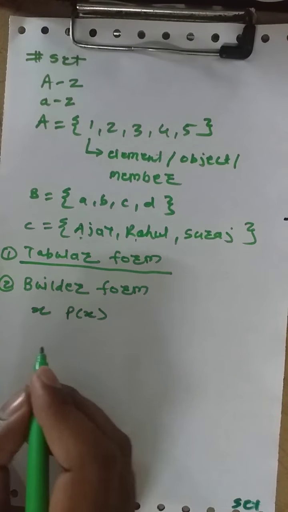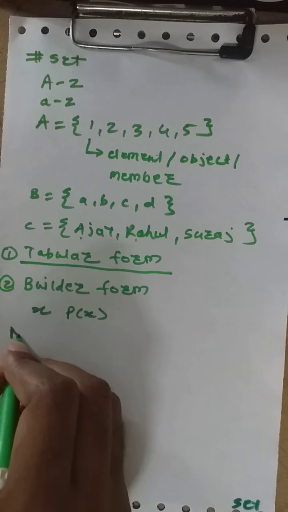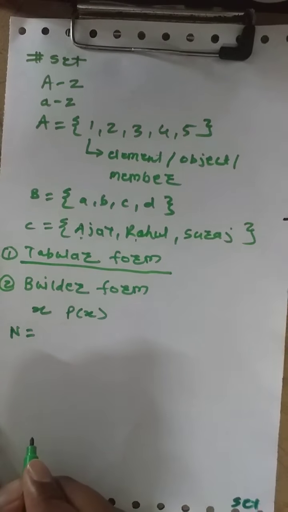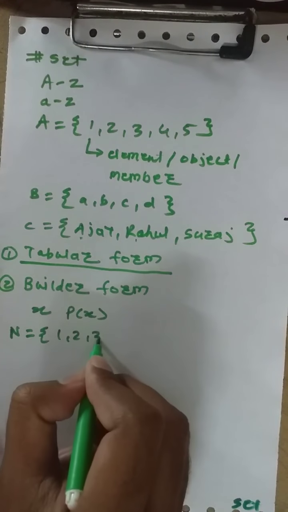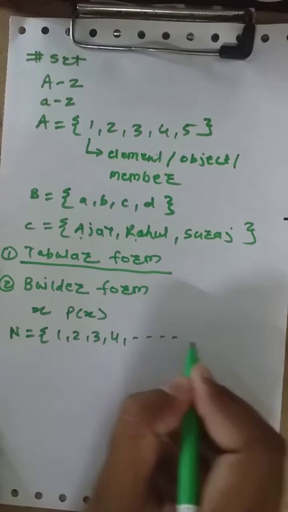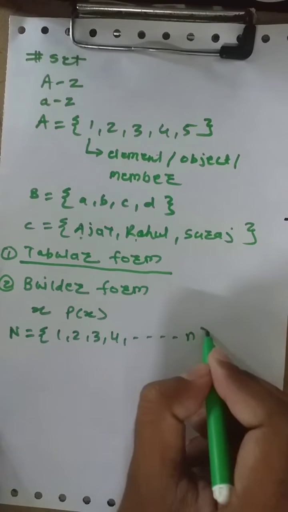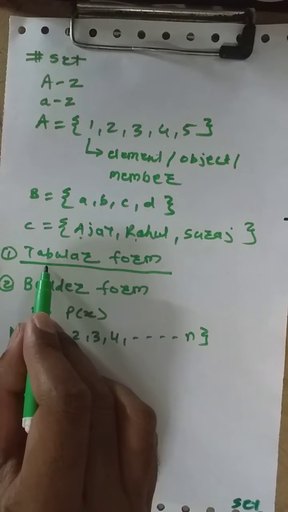For example, consider N is the set of natural numbers 1, 2, 3, 4, up to n. This is the representation in tabular form.